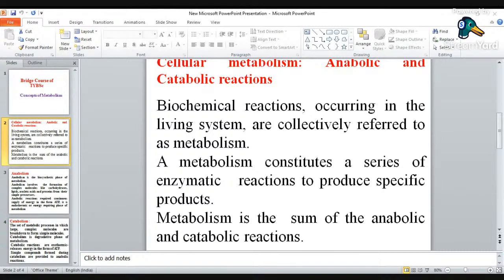Okay, now my question is, which different macromolecules are synthesized in the cell and which different macromolecules can be broken down in the cell?